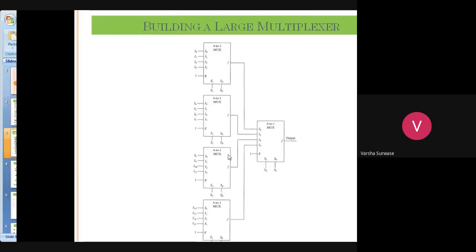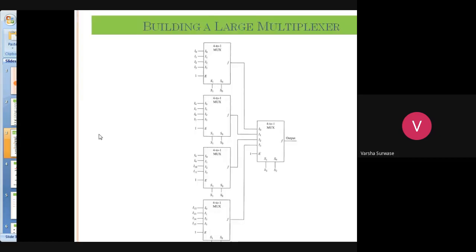So when we are using the 16 inputs and only one output, how many select lines will you get for this? The select lines S0, S1, S2 and S3.